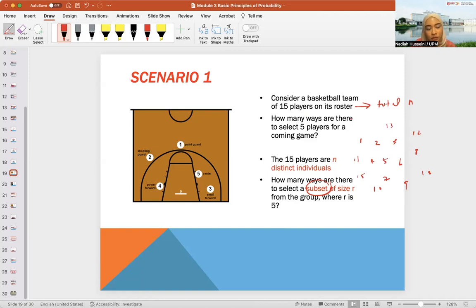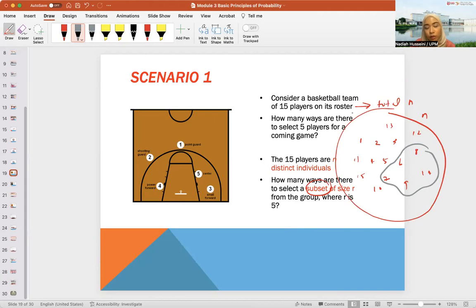The numbers represent each individual. Ali, Rosmah, who else? Hisham, Nadiah. All of this is within the 15. Doesn't really matter. Now I just want to select 5. My whole data is n. From this n, I want to select only 5, and this 5 out of the total number is called a subset. So 1, 2, 3, 4, 5. So I select this guy.